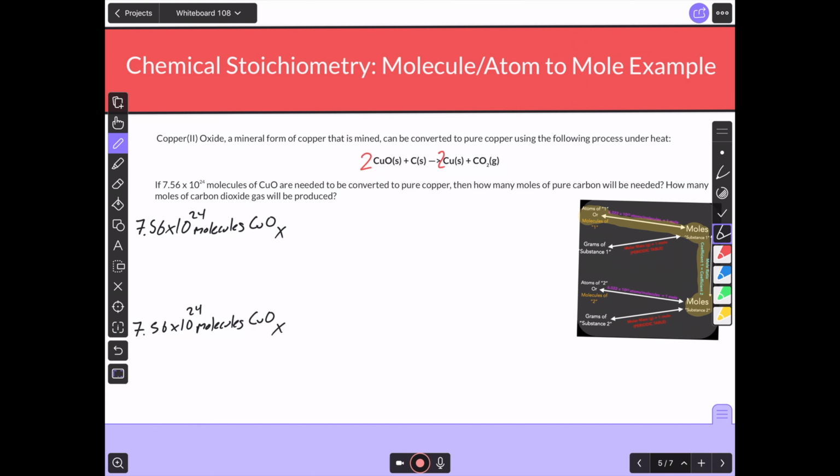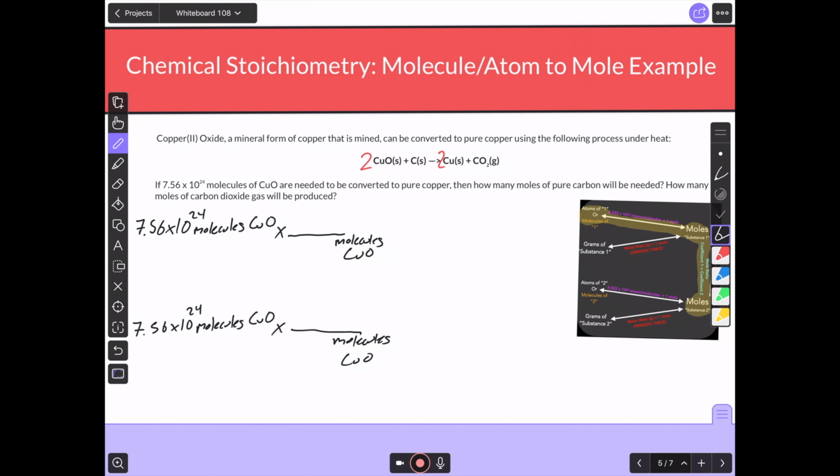Okay, and so first we need to get that to moles of CuO if we're going to use the balanced reaction. So molecules has to go on the bottom if it's going to cancel out, right? And we know that to get between molecules and moles, we've got to use Avogadro's number.